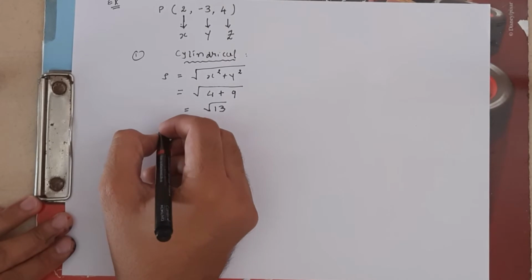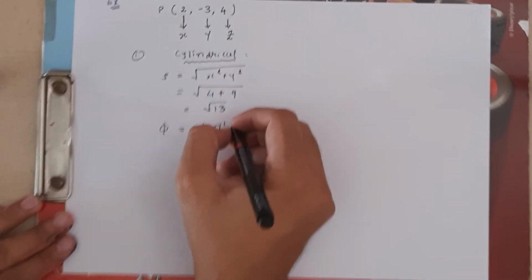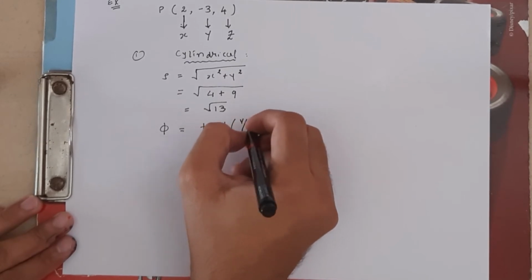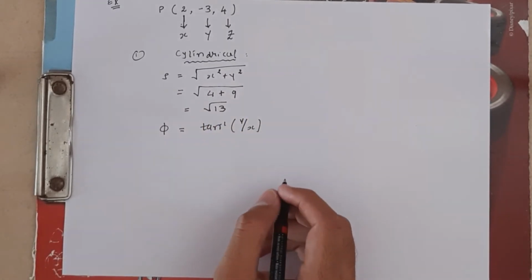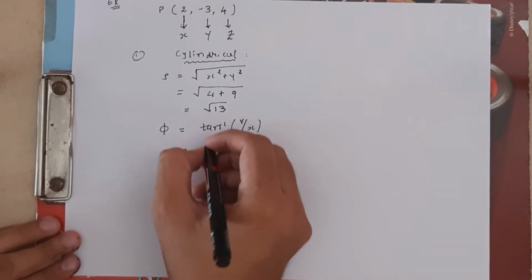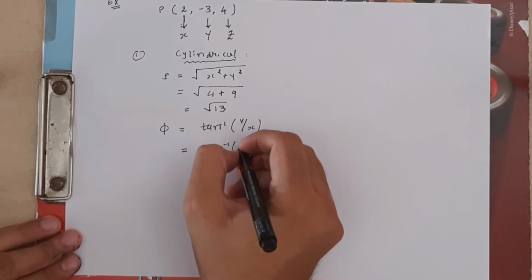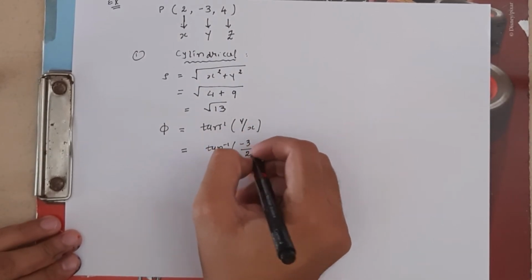Now next is phi. So phi is equal to tan inverse y by x. Here it is tan inverse, value of y is minus 3 and value of x is 2.